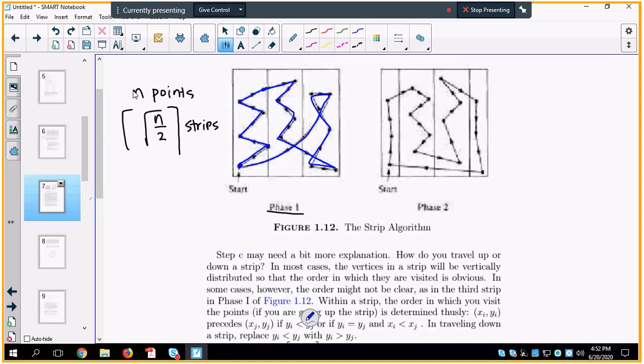Then phase 2: if each of these strips was width D, then in phase 2 we're going to shift by D over 2 units. So this is still D, this is still D, and now we have D over 2 on this side as well. So in phase 2, we've shifted by D over 2 units, and we repeat the process.